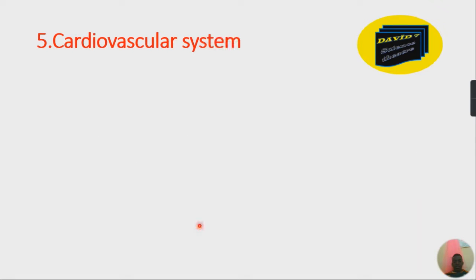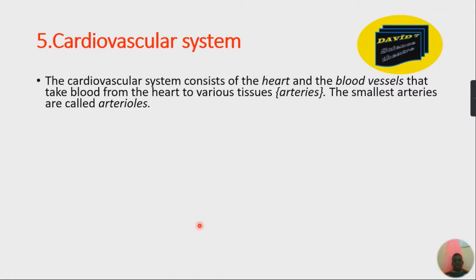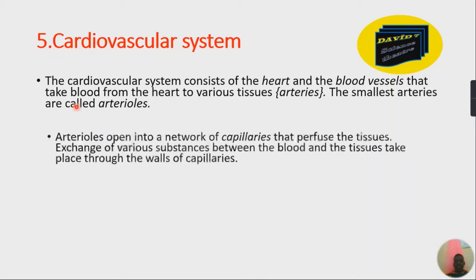Okay, let's continue. The cardiovascular system. This consists of the heart and the blood vessels that take blood from the heart to various tissues. These blood vessels, we call them arteries. The small arteries are called arterioles. So blood flows from the heart, arteries, arterioles.